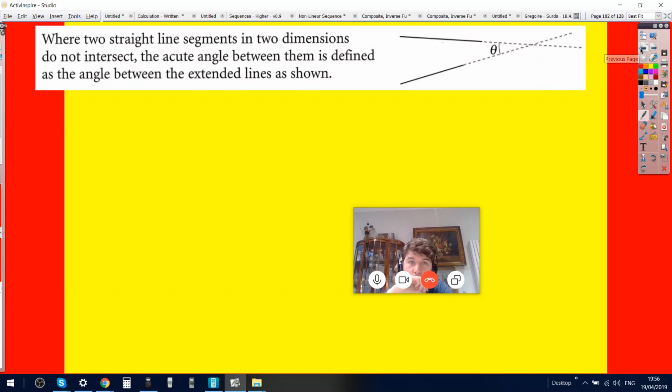So basically, if you've got two vectors and they don't cross over, imagine that they do cross over if you extend both lines.